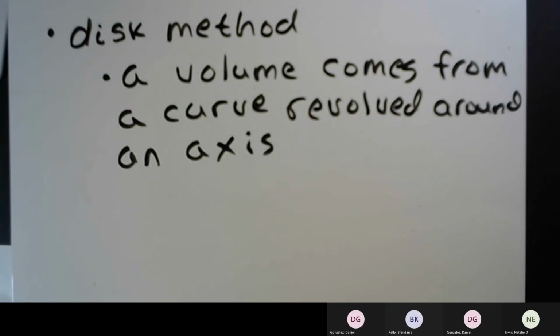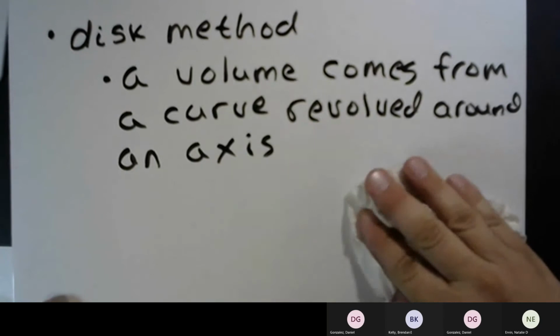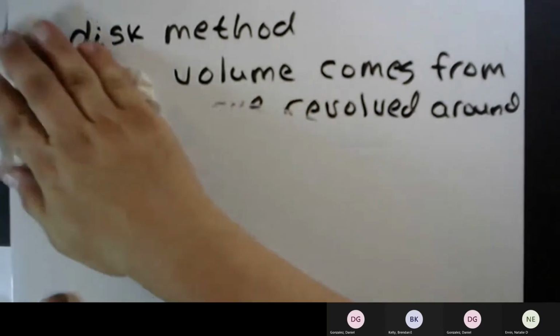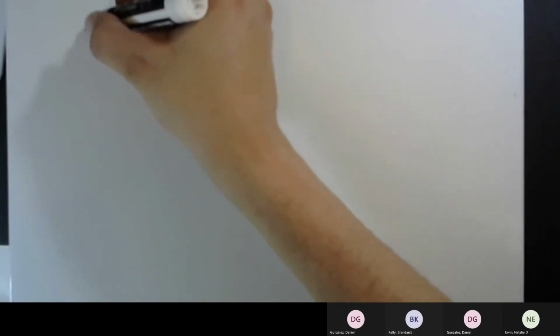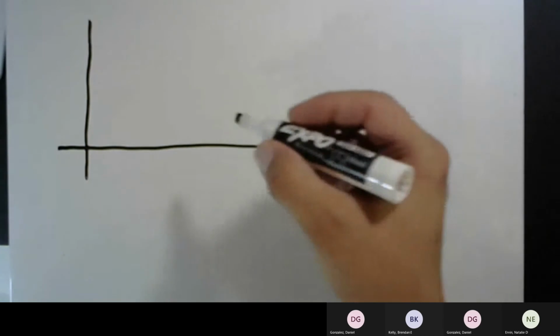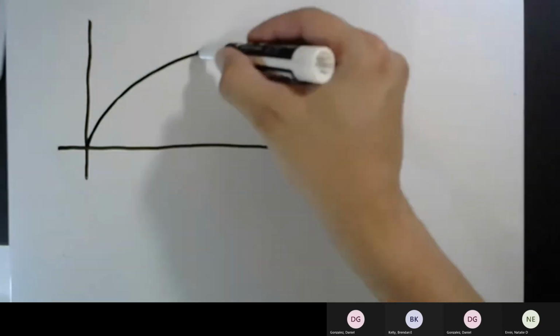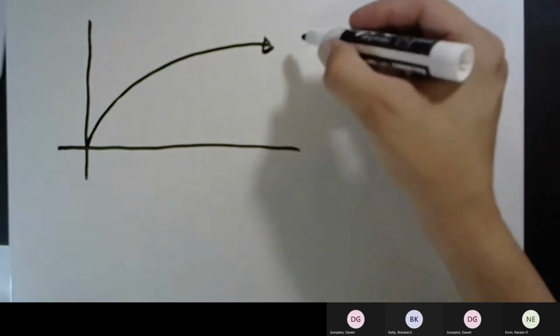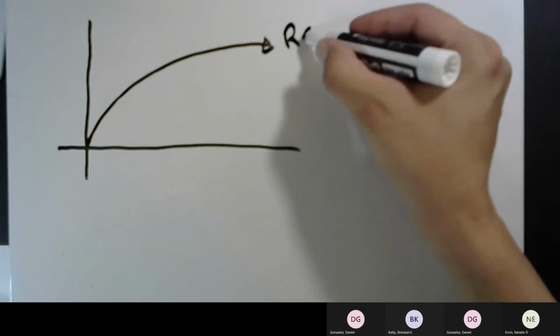So I'm going to go through an example to illustrate what's going on here. Excuse me. So let's say we have something like this. We're going to call this R of x.